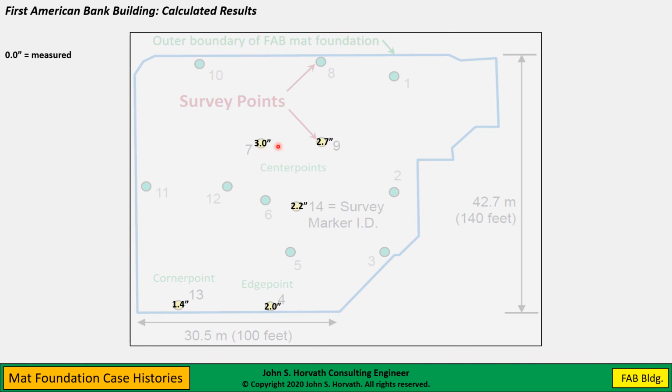As you can see, about 3 inches, 75 millimeters, near the center of the mat. And again, these are the actual measured settlements based on the actual measured mat loading. A little bit less, maybe 2 inches, 50 millimeters, near the edge. So as I said, I did two analyses in this case.